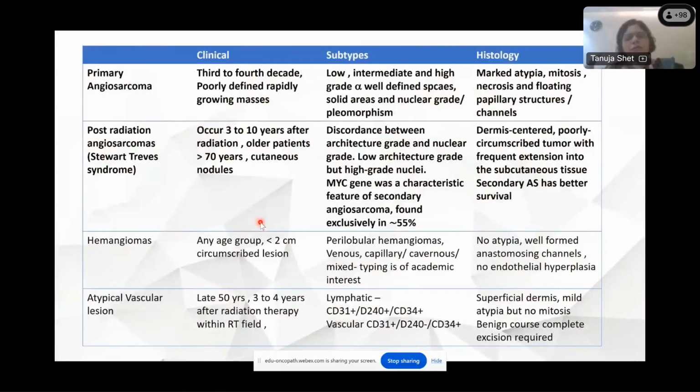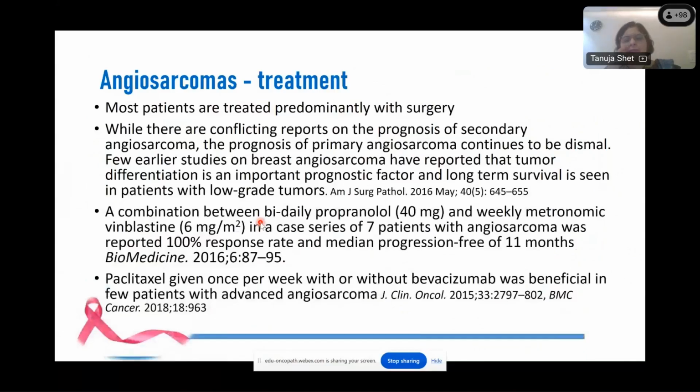That means they'll be very well differentiated, but nuclear grade will be very high. And c-MYC is usually seen in this tumor, and lots of H3K27 is seen in these tumors. And that is why these have a better prognosis than the primary angiosarcomas. And of course, treatment is a nightmare because most of these angiosarcomas are treated with radiation and surgery, but they die very fast. The secondary ones tend to have a little better behavior, and we'll look at some of these later.